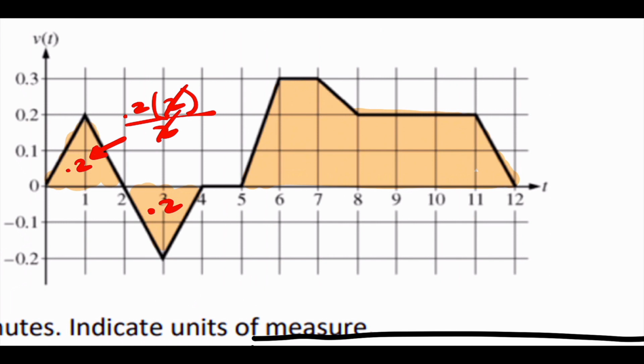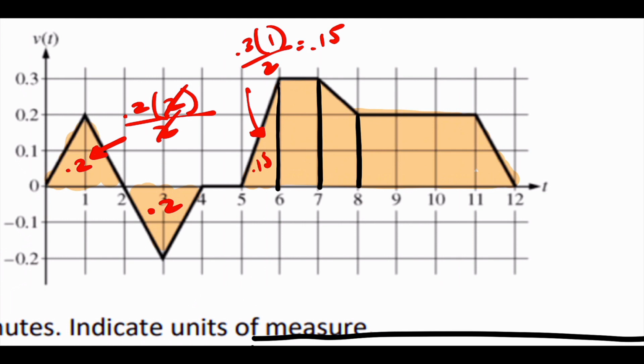The next one. Well, I can do this several different ways. I can break it up like this. So I have a triangle here. The height of the triangle is 0.3. The base is 1 divided by 2. You're going to get 0.15, I believe.